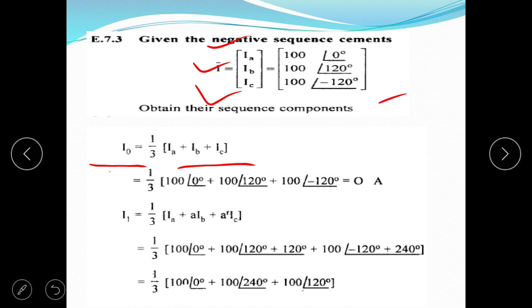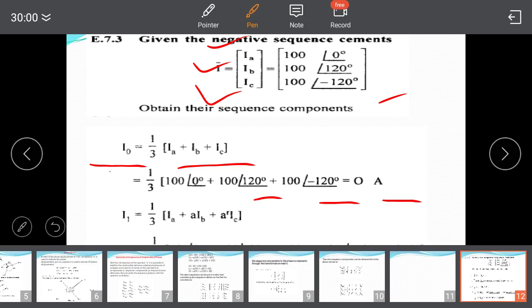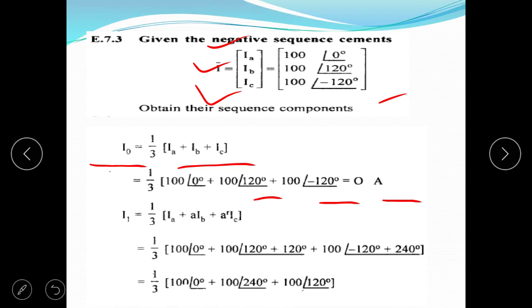Now we put the values of IA, IB and IC, that is 1/3 of 100 at 0 plus 100 at 120 degree plus 100 at minus 120 degree. That is equal to 0. It means IA, IB and IC phases are in balance. So in a balanced system, there is no zero sequence component.